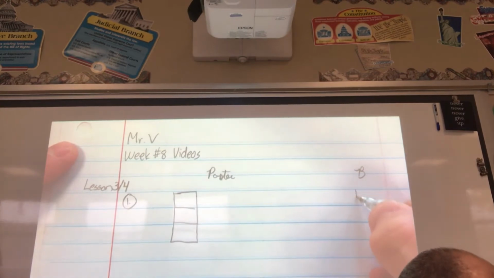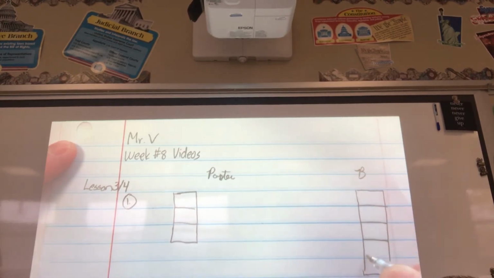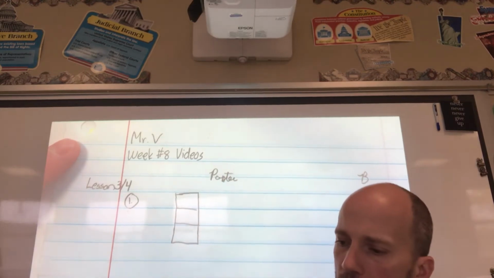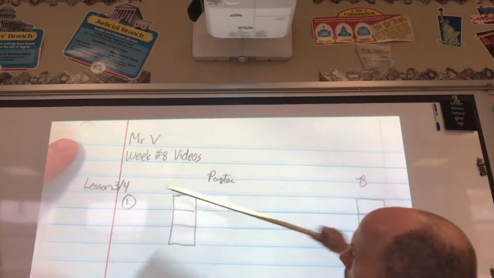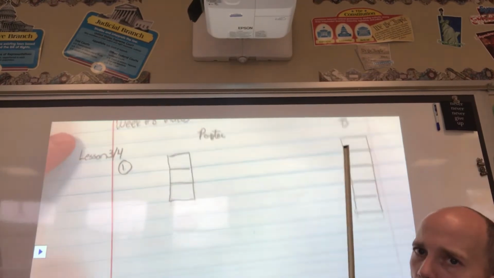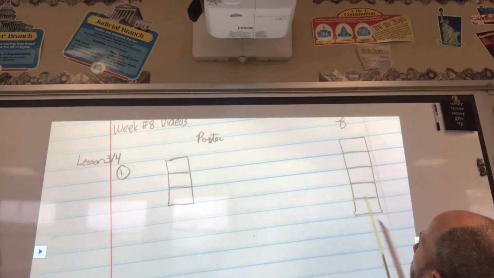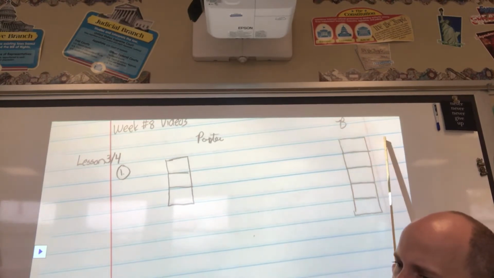And this one is 5 times, so I'm going to use those lines. I like those lines a lot. So the poster is 3 times as long, 1, 2, 3, as it is wide. And then our banner is 5 times as long, 1, 2, 3, 4, 5, as it is wide.